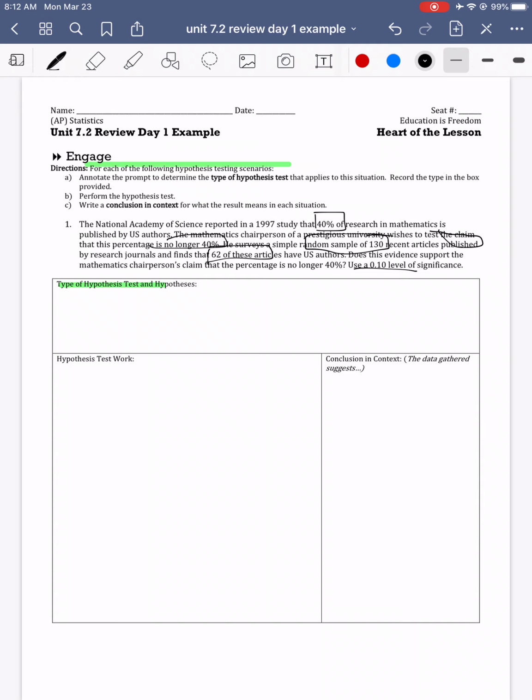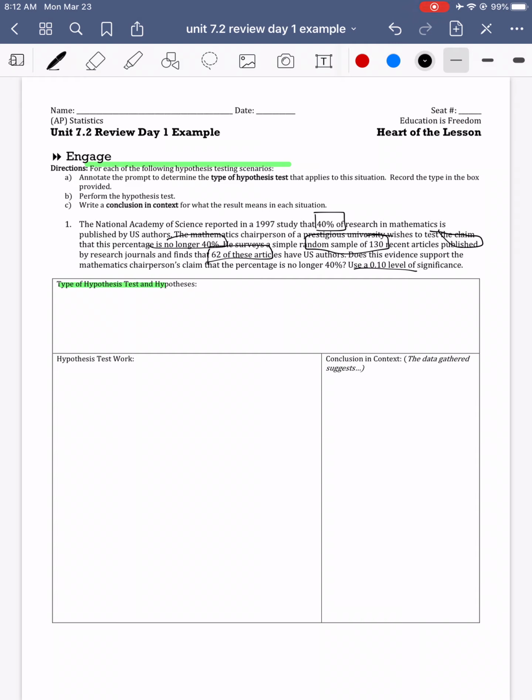Okay, so looking at this problem, I see some percentages going on. So that automatically says to me that we are looking at some type of sample proportion. Now, we have two types of proportion tests, a one sample proportion and a two sample proportion. So I need to see how many samples we are taking.